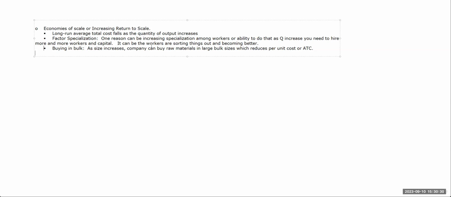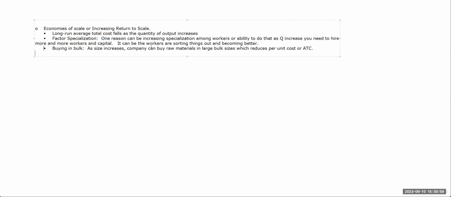Pays a lot per pound. As he gets bigger, he buys it from Costco. Saves money because Costco sells it cheaper per pound. And then after a while, he goes directly to the steel manufacturer and buys steel from there. And it's even cheaper from them. Or buys screws from screw manufacturers, and it's cheaper. And all of this reduces cost.